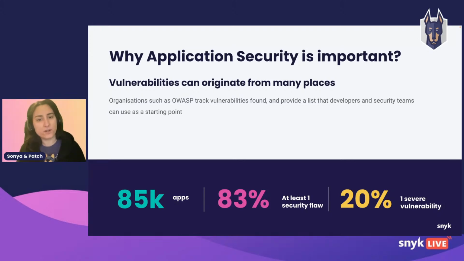While not all of these vulnerabilities necessarily present a major risk, hackers continue to refine their attacks by using ingenious workarounds to penetrate software. We have organizations such as OWASP, which stands for Open Web Application Security Project, that track vulnerabilities found and provide a list that developers and security teams can use as a starting point for their application security program. The most recent one is the OWASP Top 10 list that was released in 2021 and included vulnerabilities like broken access control, injection attacks, security misconfigurations, and others.